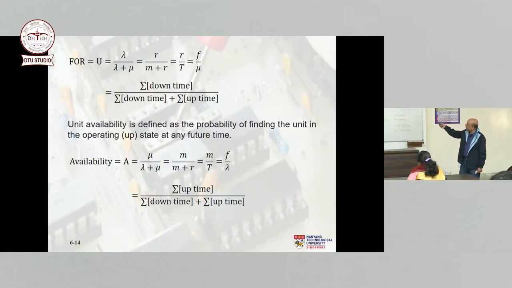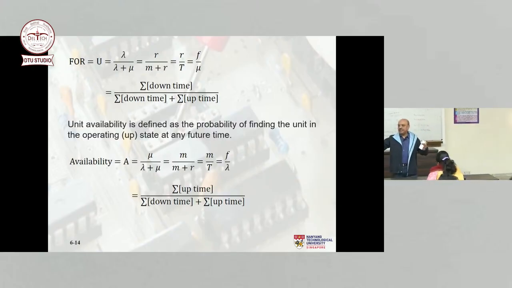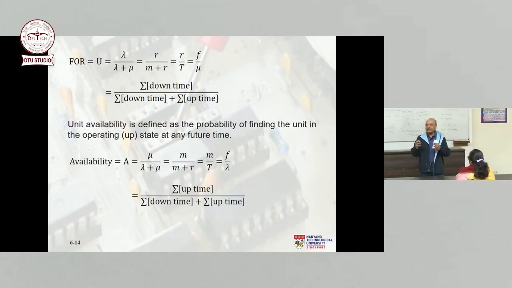So this is also written as total downtime over downtime plus uptime. Mean time to failure is also the uptime, isn't it? Usually, if you recall, in our discussion, we said mean time to failure is very large and mean time to repair is very small. That's why sometimes the mean time between failures is equal to the mean time to failure, because MTTR is so small, right?